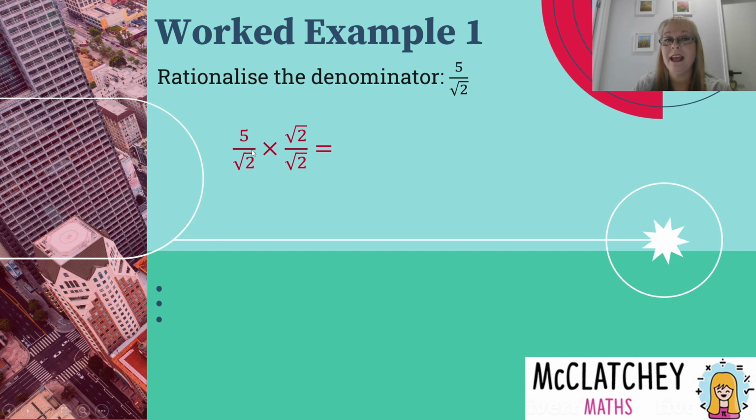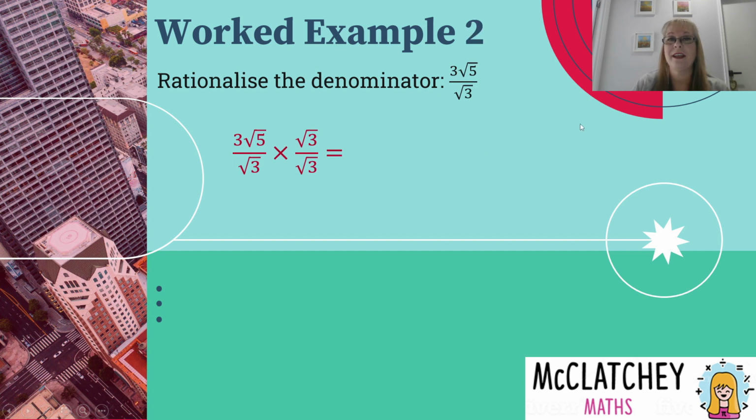We know that squaring cancels out the root sign, so we're going to end up with just 2 on the denominator. And obviously the tops, or the numerators, multiplied together, 5 root 2 over 2. If I could simplify this fraction anyway, I'd definitely simplify that at the end, but this is as simple as it goes. Okay, so that's our principle as we start to step up the complexity: we are multiplying this original fraction, and we've now got an equivalent fraction with a rational or whole number denominator.